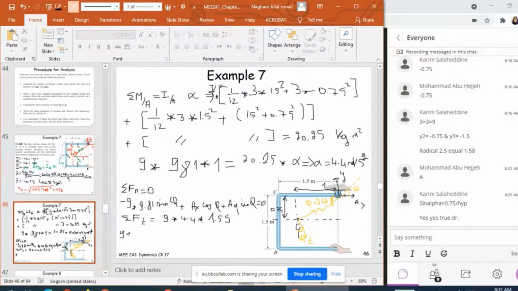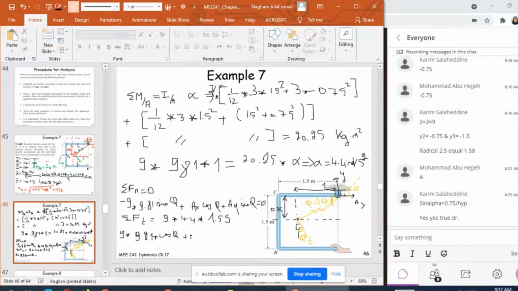And this means that 9 times 9.81, which is the weight here, times cosine phi in the positive direction, because in fact t is downward and the weight is downward.